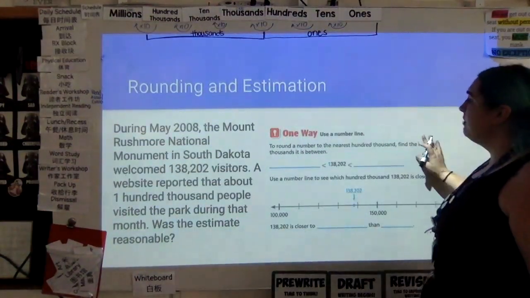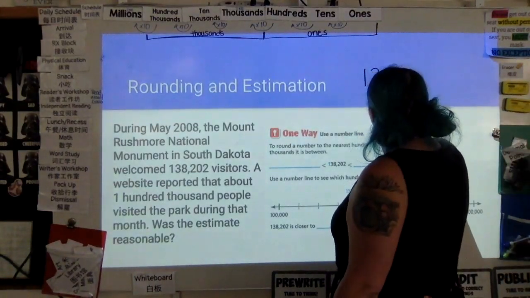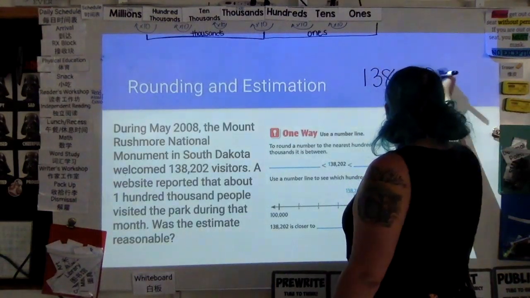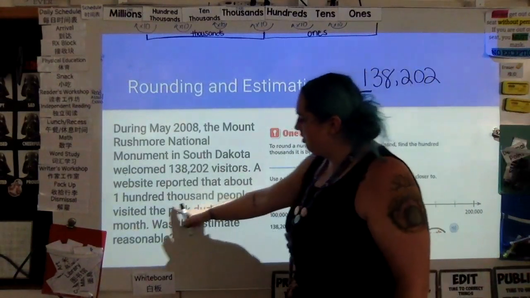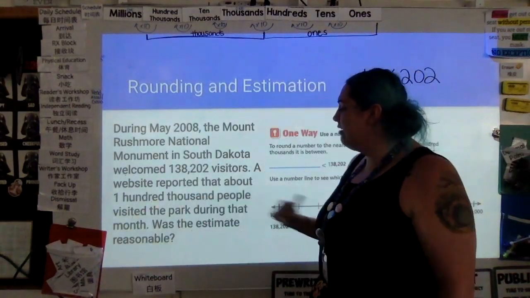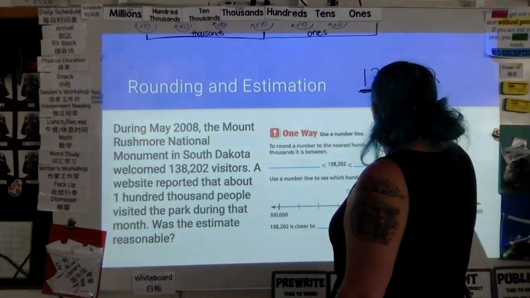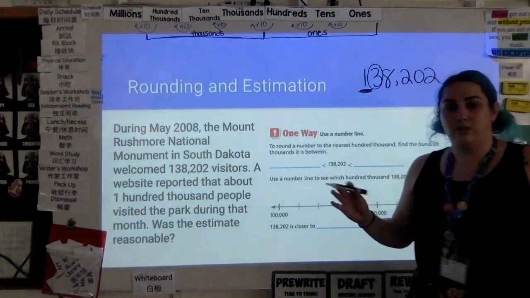So we talked about writing our number, underlining the place we are rounding to, about 100,000. So they're looking at the 100,000s and circling the digit next to it. That's one way to do it.